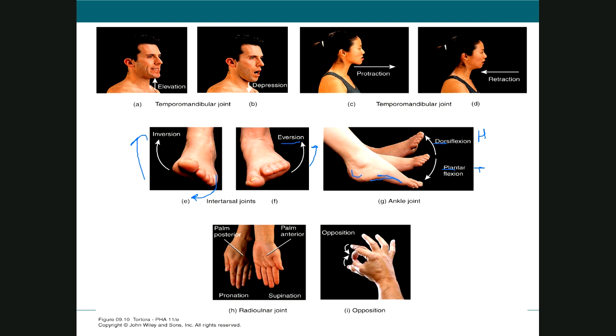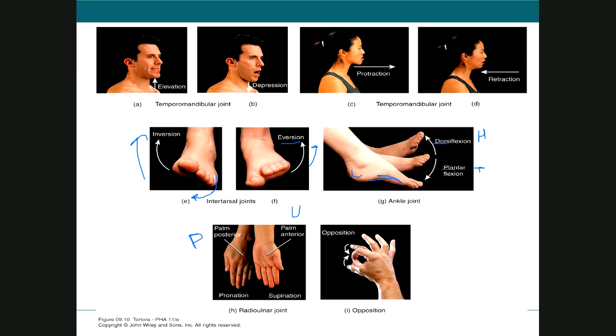We have supination, which is your palm facing up, like asking for soup, where pronation is your palm down. This is up and this is down, like bouncing a ball.